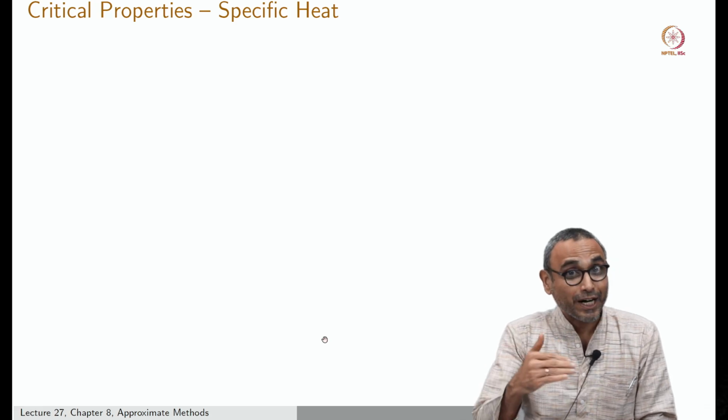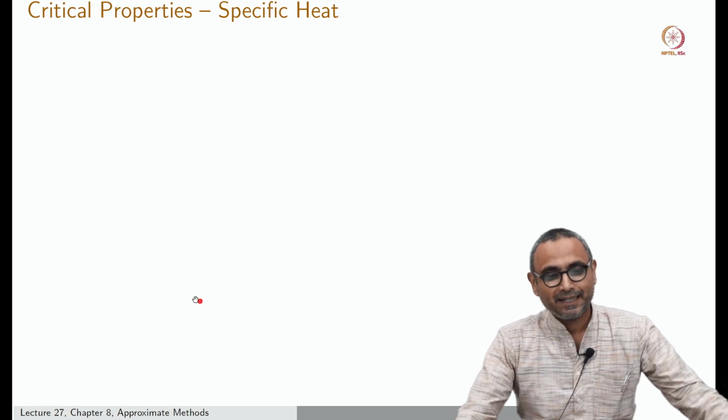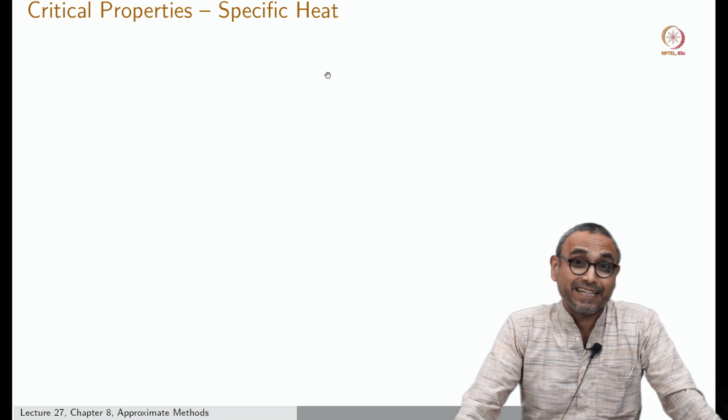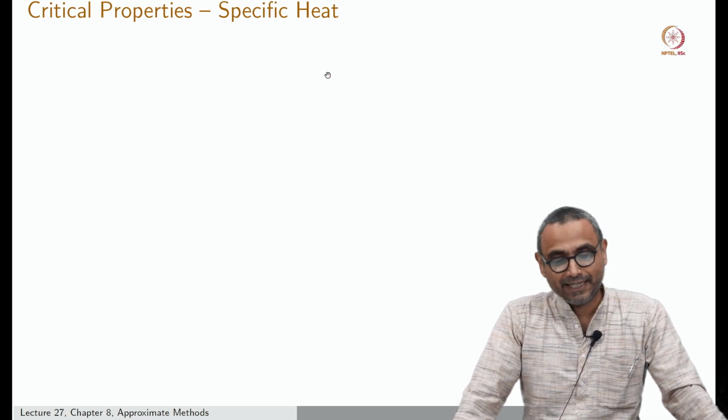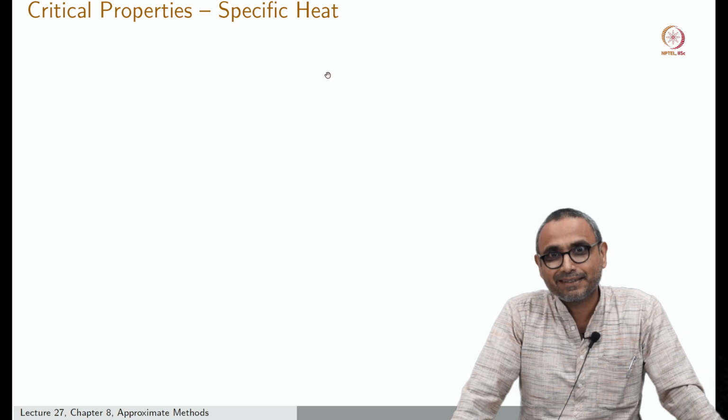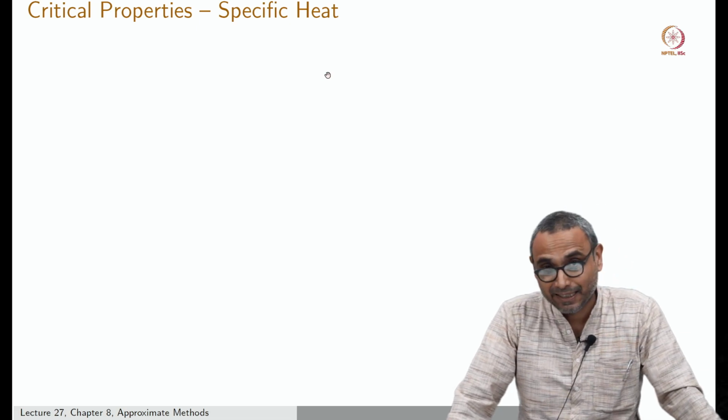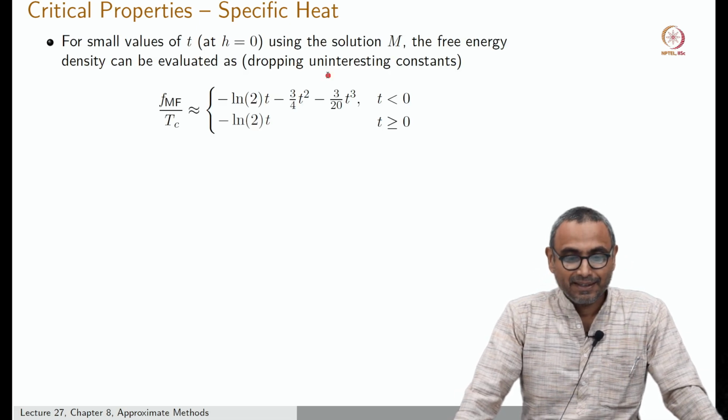All right, we can look at more properties. So we can look at the specific heat. I have shown you data before, we know that the specific heat diverges near a critical point. So let us see what happens here.